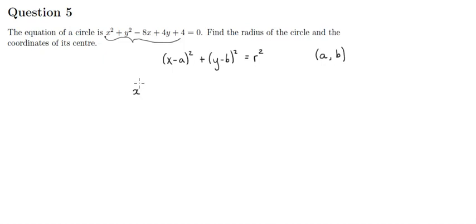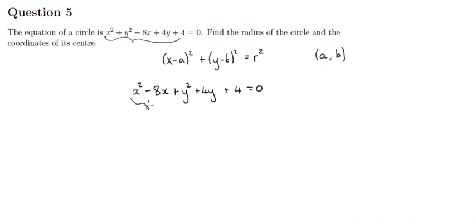So we have x squared, so we're going to put all the x's together, so minus 8x. Then we have plus y squared plus 4y, and we'll keep the 4 on the left hand side for now.